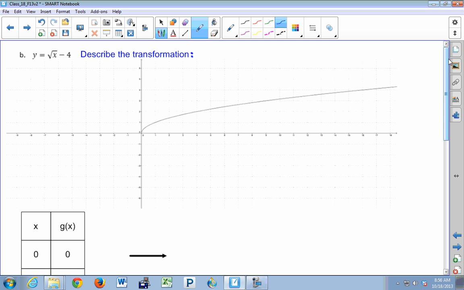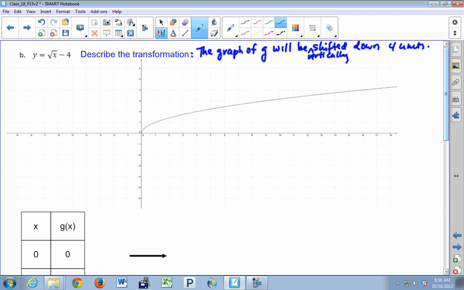So we would say the graph of G will be shifted, or has been shifted, whatever tense you want to use, down 4 units, right? You could even throw in the word vertically there, vertically shifted down.